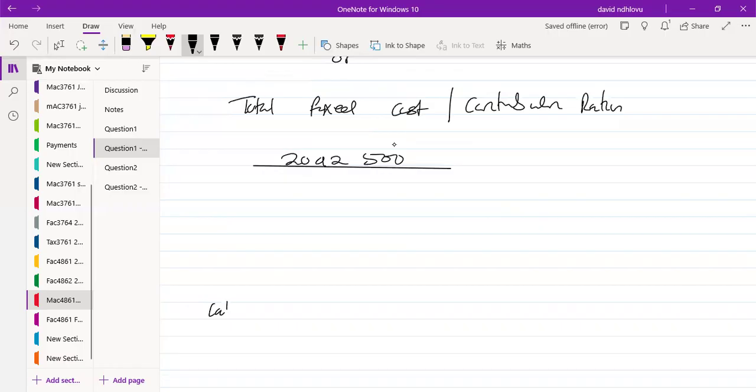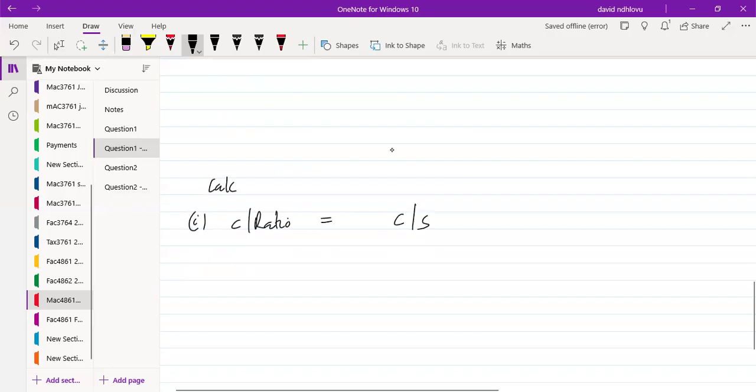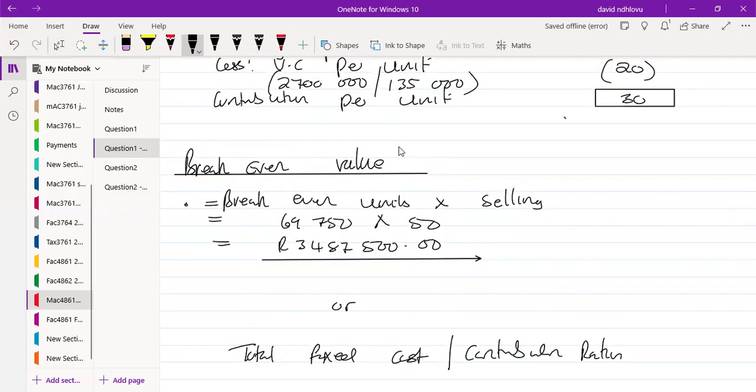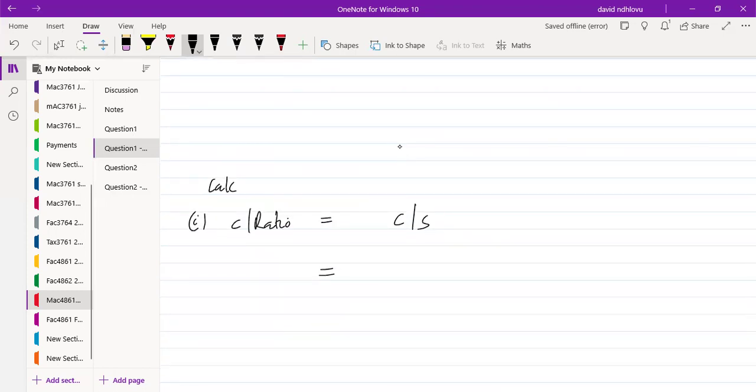Remember, the contribution ratio is your contribution divided by sales. We have a contribution of 30 divided by the selling price of 50, all of that times 100 over 1, and then we get our contribution ratio. So we're sitting on 60% here.